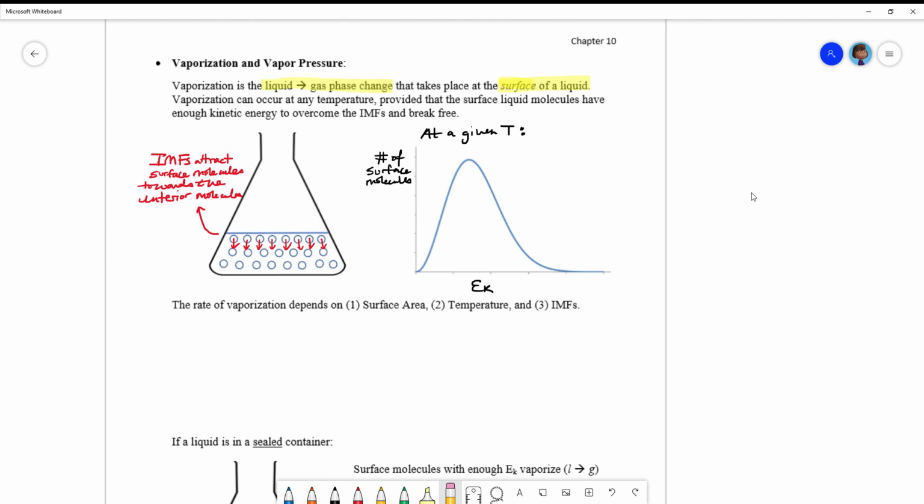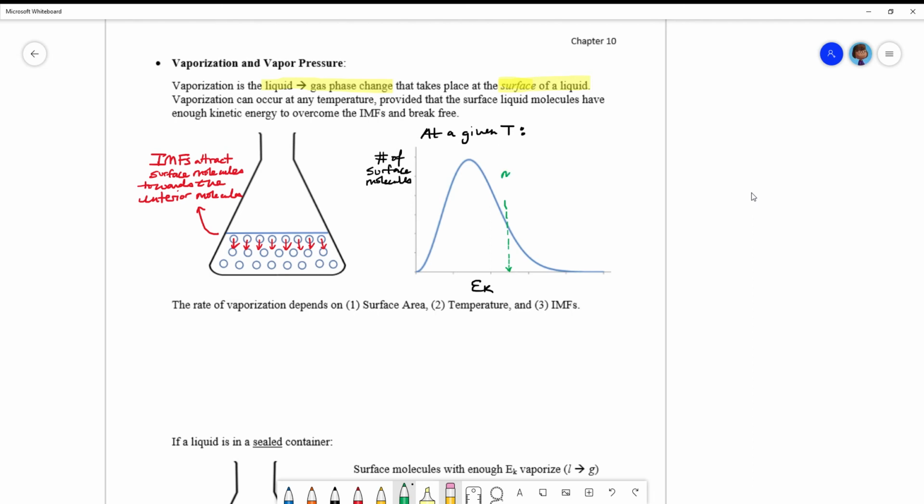Now, in order for a surface molecule to be able to vaporize, it has to have enough kinetic energy, some minimum kinetic energy, to break free. I need to be free. So let's suppose randomly that right here represents the minimum amount of energy a surface molecule must have in order to break free.